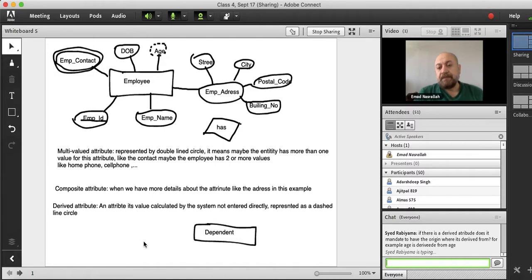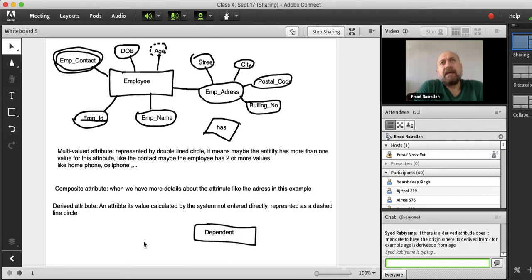Yes, of course, but maybe the origin, as you called it, is not in the same entity set, it's in another entity set, and there's a relation. Yes. Because the system will calculate the value depends on what? In the date of birth case, the age depends on the date of birth.